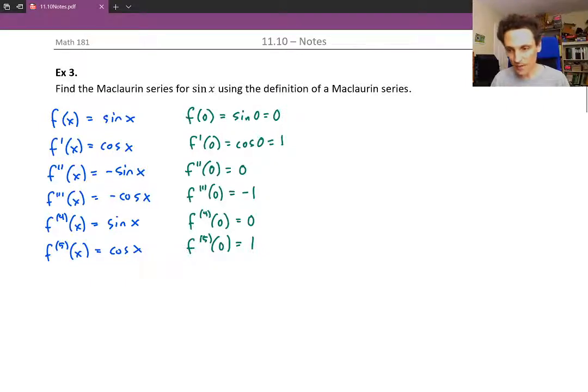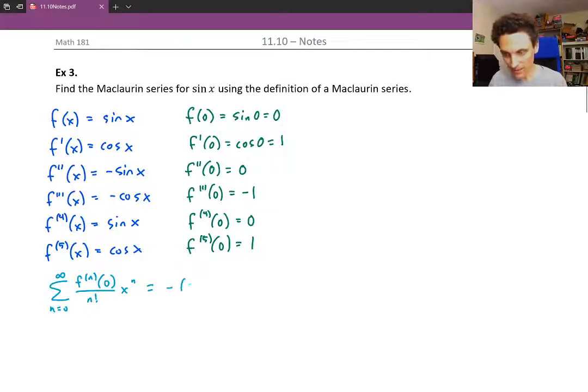But let's go ahead and write out what the general expansion would look like for a Maclaurin series. That would look like this. This is the definition of the Maclaurin series. And what we'll do is we'll write out an expanded version of this.